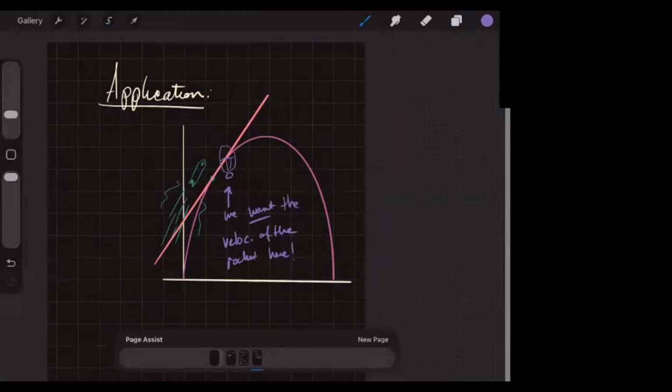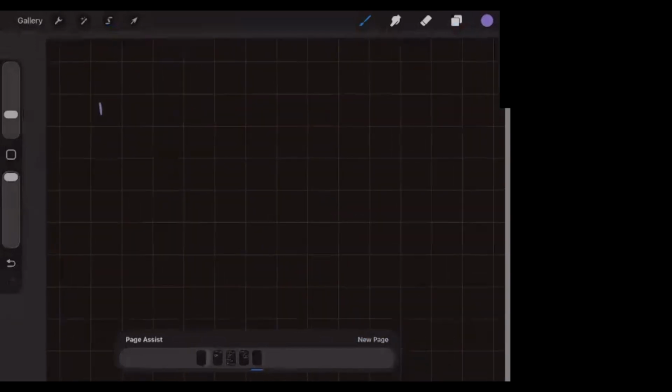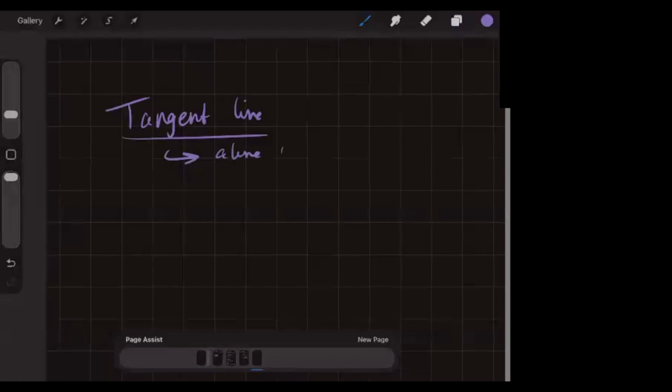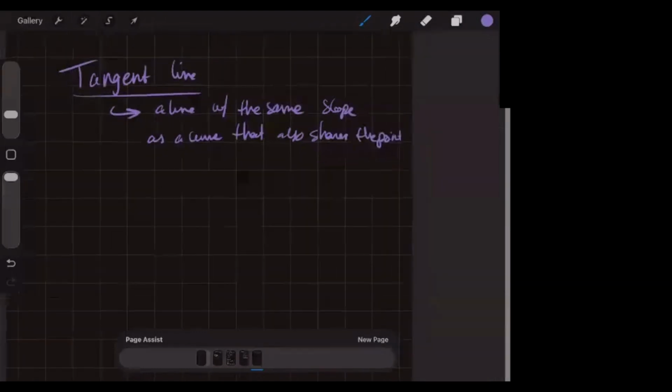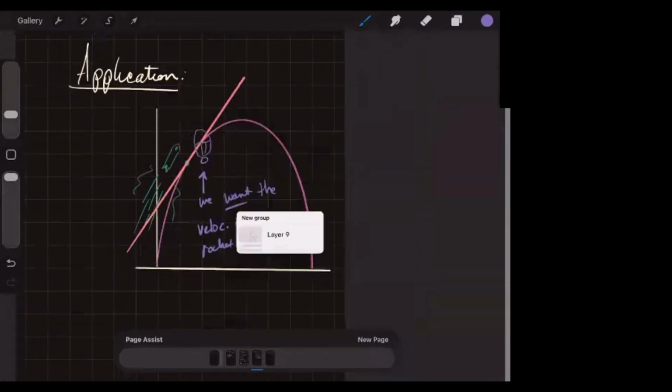So, big picture, what you can do is use a tangent line, which is defined as a line with the same slope as a curve that also shares the point. Some linearization. My personal favorite is this situation.